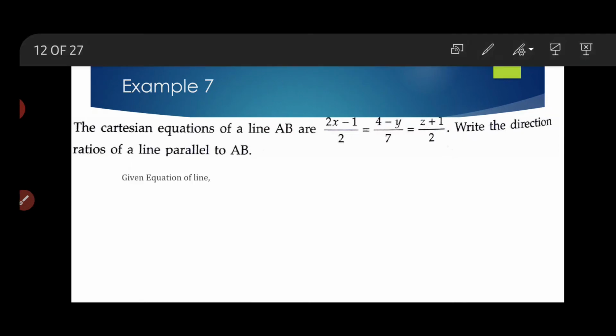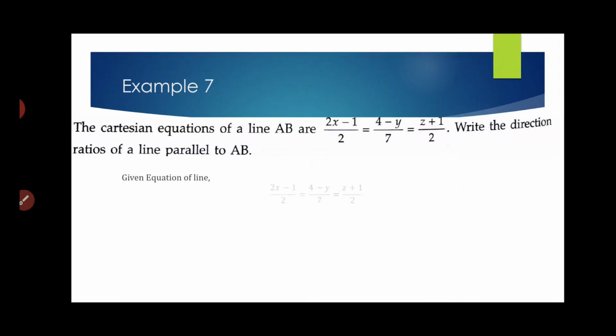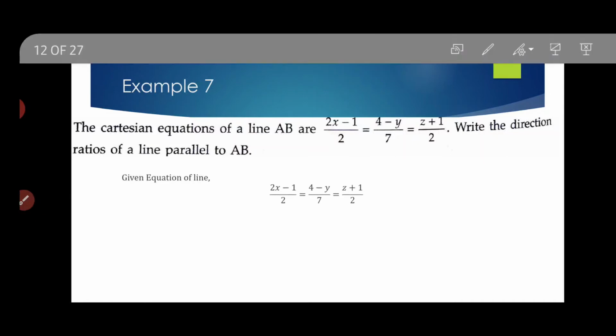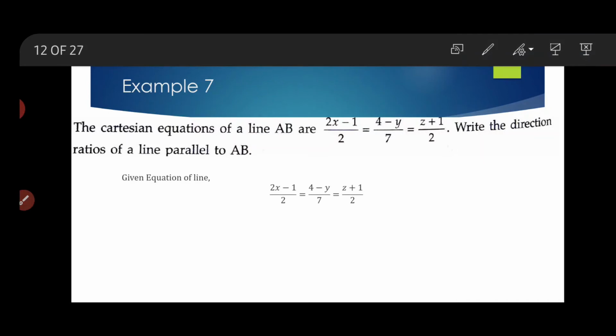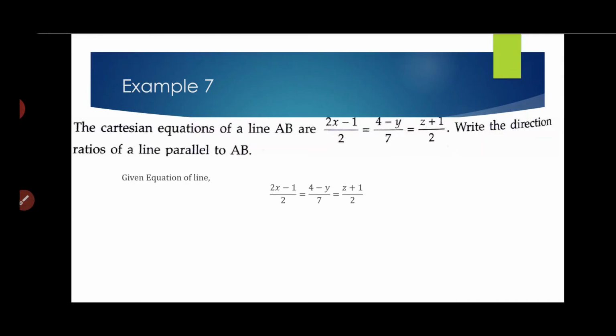So let us take up the equation of the line as it is given. So this is what is given. Now I need to remove that 2 from x, and I also need to change the sign of y. So therefore, what we can do, first we can divide the whole thing by 2. So if I do so, I have x minus half by 1, right?